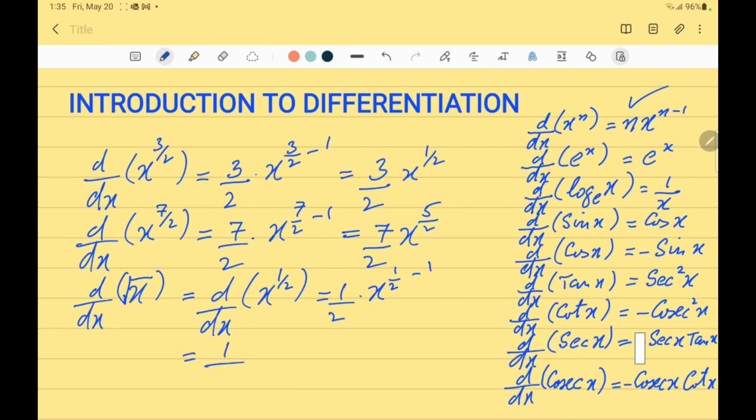So it will be 1 over 2 x raised to power minus 1 over 2. This we can bring down to make it positive, into x raised to power 1 over 2. But we know that x raised to power 1 over 2 can be written as square root of x. So the final answer will be 1 over 2 multiplied by square root of x.